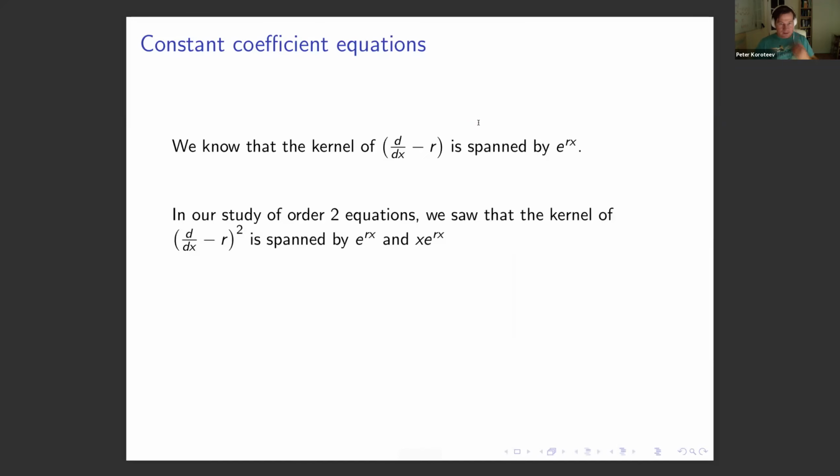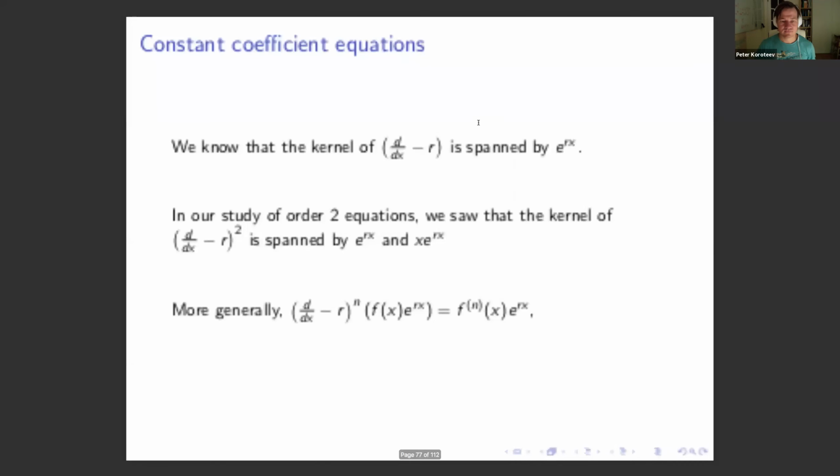In the previous video on order 2 equations, we saw that the kernel of (d over dx minus r) squared is spanned by e to the rx and x e to the rx. And more generally, acting on f of x times e to the rx, you can just prove this by induction, you can iterate.